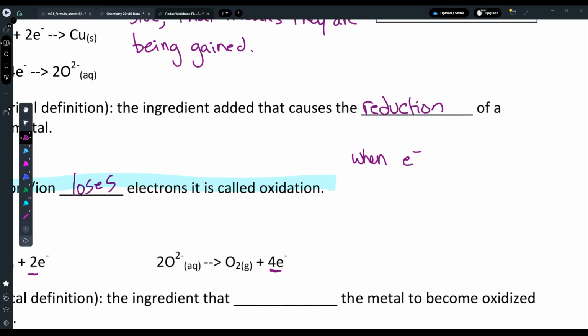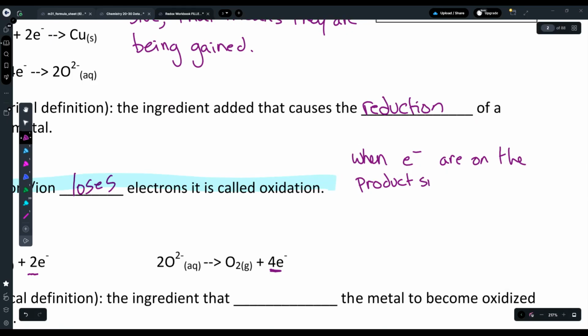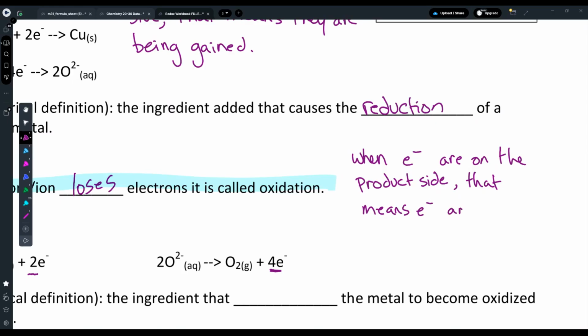So when electrons are on the product side, that means electrons are being lost.